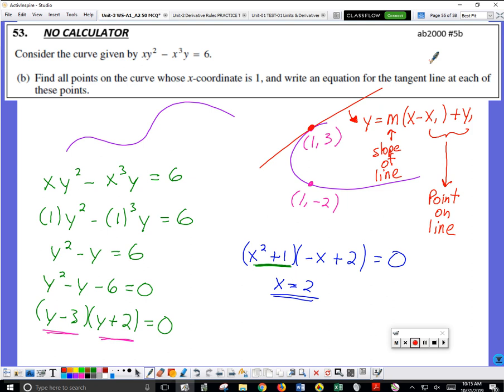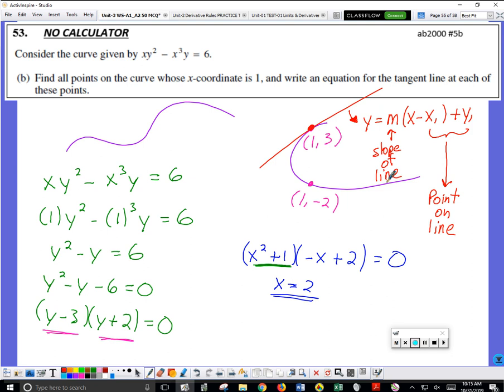How many different tangent line equations could I write for this curve? How many knew that it was infinite? Two points for Sarah. I can create a tangent line at any point on this curve, anywhere.